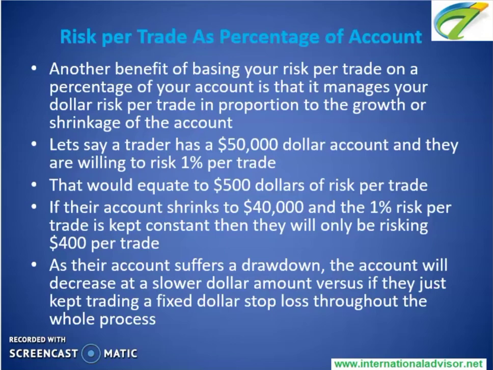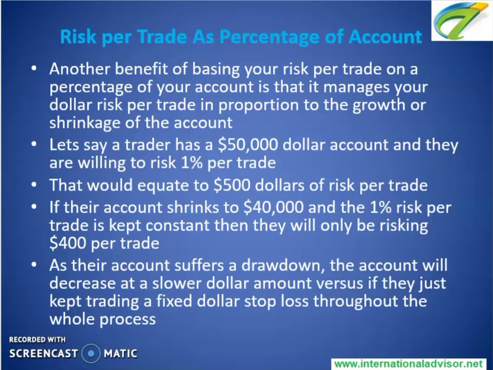Let's say a trader has a $50,000 account and they are willing to risk one percent per trade. That would equate to $500 of risk per trade. If their account shrinks to $40,000 and the risk per trade is kept constant, then they will only be risking $400 per trade at this stage instead of $500.